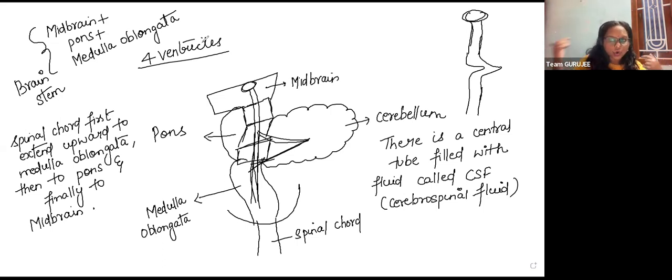When you go from down to the top, from the spinal cord to medulla oblongata, pons, this protruded part which I told you is called our fourth ventricle. Ventricle always means a groove, like you have in the heart. In the same way, in your brain also you have ventricles, and this is your fourth ventricle.